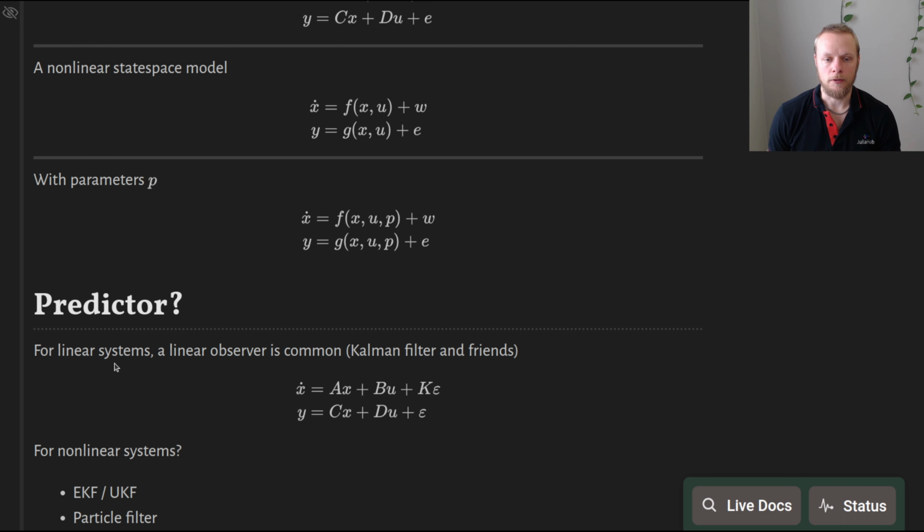Given a particular predictor, we will try to predict the output given the past outputs and inputs. But I said before that when we optimize prediction error performance, we get a good predictor, but we might not necessarily get a good simulator.